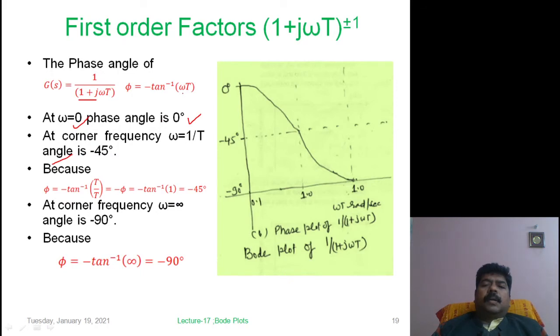If omega equal to 1 by T, that will be giving a 1, so tan inverse 1 means 45 degrees, the angle will be minus 45 degrees. If omega equal to infinity, frequency is very high, infinity means minus 90 degrees. So this is the minus 90 degree.